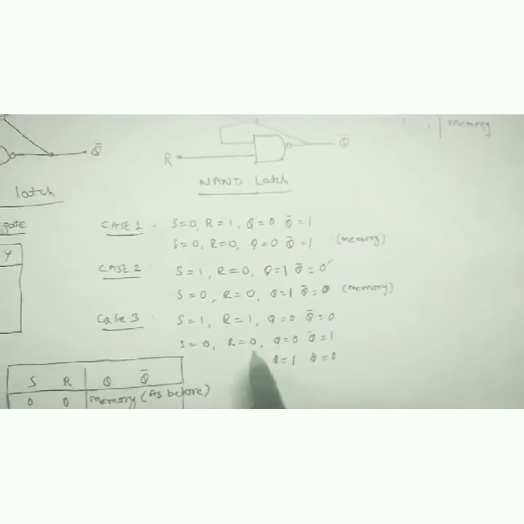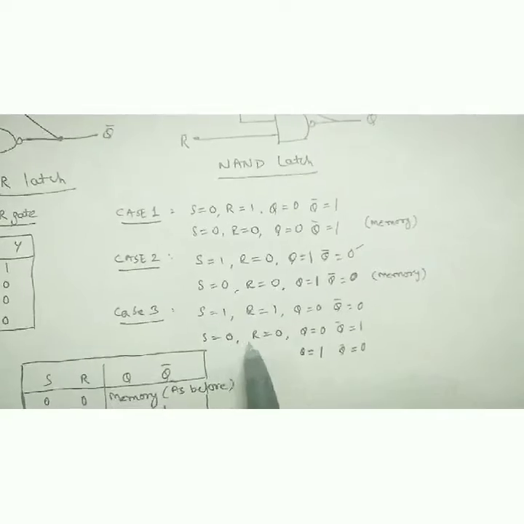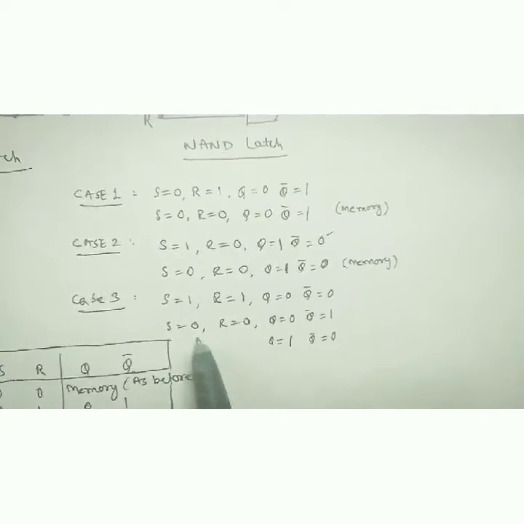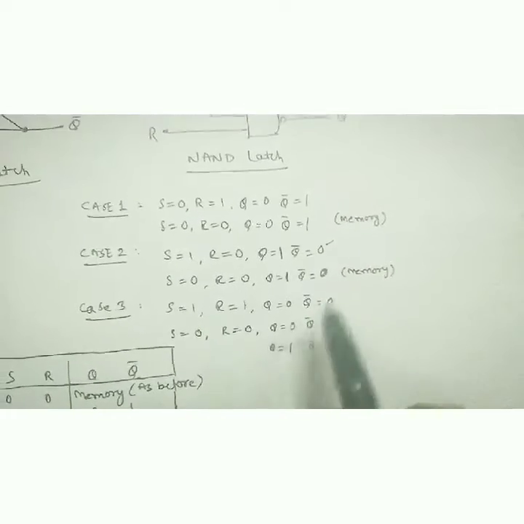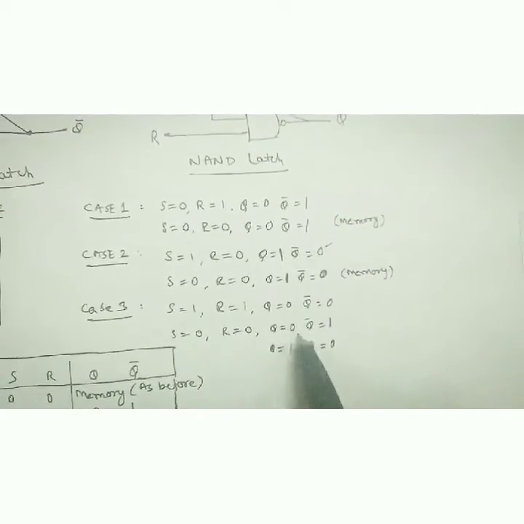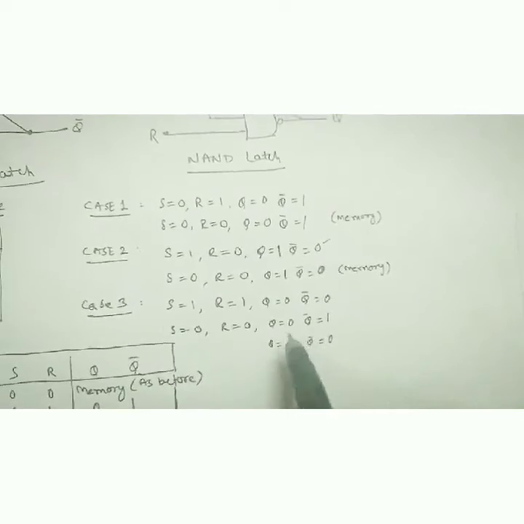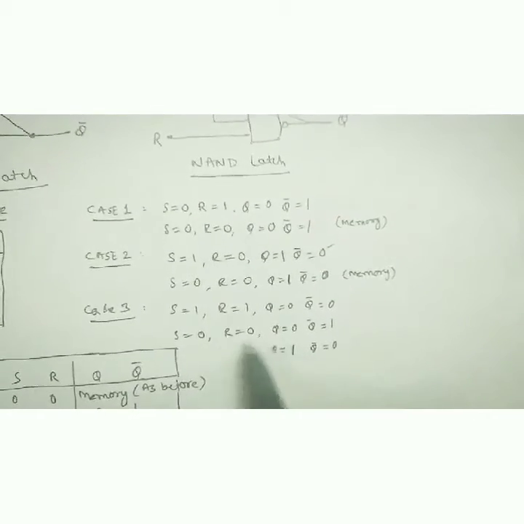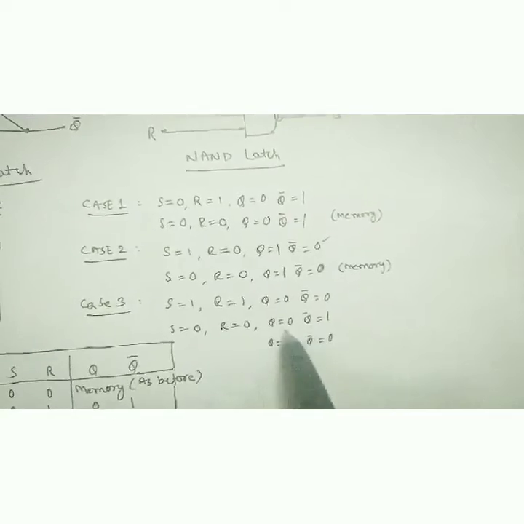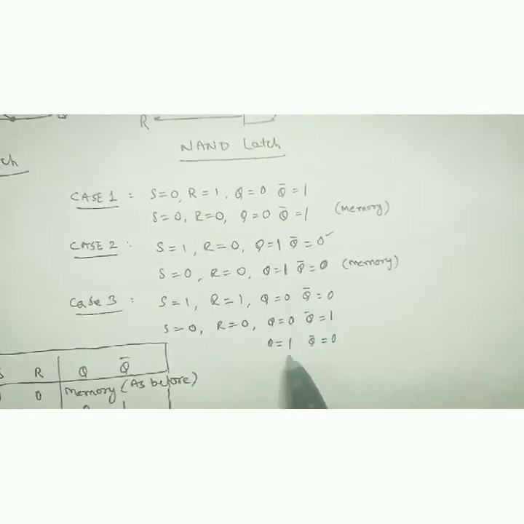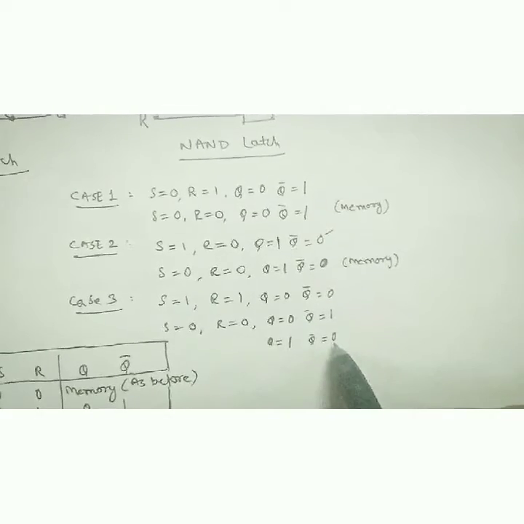So the point worth noticing here is that when both the inputs have been removed, or when S is equal to 0 and R is equal to 0, we are having two types of outputs. That is, in this case we are getting Q is equal to 0 and Q bar is equal to 1, and here we are getting Q is equal to 1 and Q bar is equal to 0.